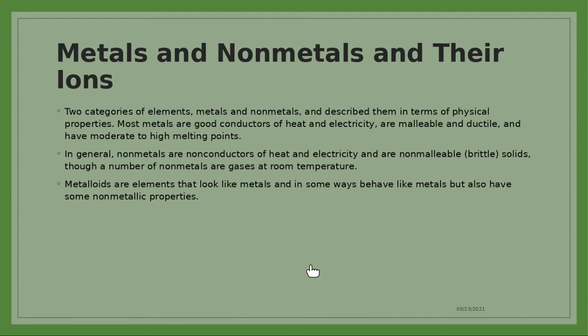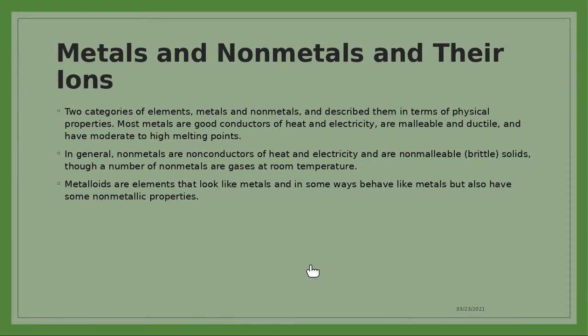The others in the periodic table, the metalloids, are elements that look similar to metals and in some ways behave like metals, but also have some non-metallic properties.